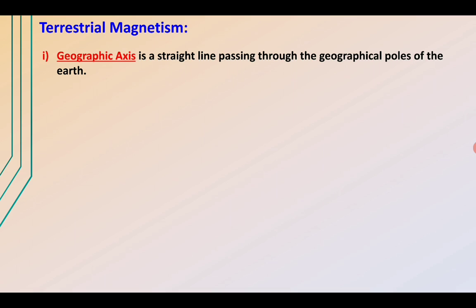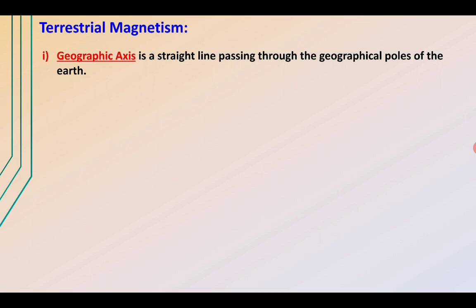So the branch of physics that deals with the study of Earth's magnetism is called terrestrial magnetism or geomagnetism, and we are going to discuss a few important terms under this heading. There are experimental evidences in support of Earth behaving as a magnet, and there are many theories to explain the origin of Earth's magnetic field as well. So let us discuss some important definitions in connection with Earth's magnetism.